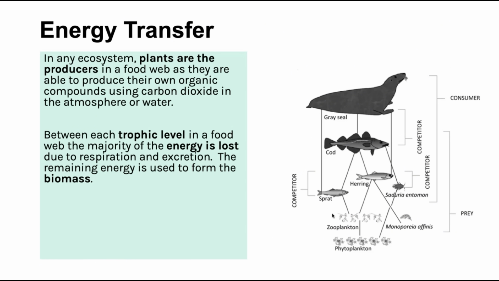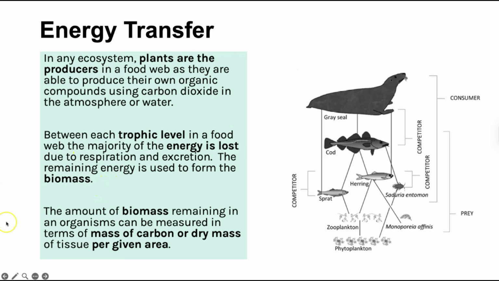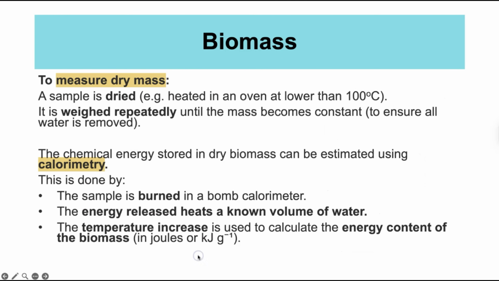Everything that remains that is available for the next organism to consume is the biomass, and the amount of biomass remaining in the organism can be measured in terms of mass of carbon or dry mass of tissue per given area, but usually it's mass of carbon per given area.